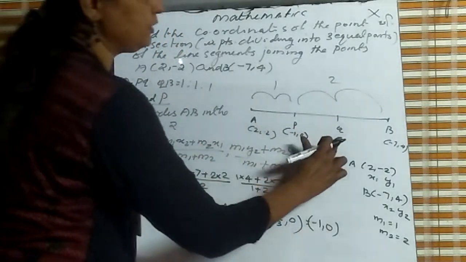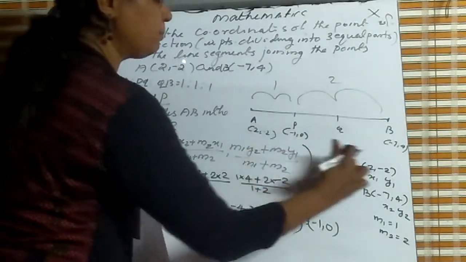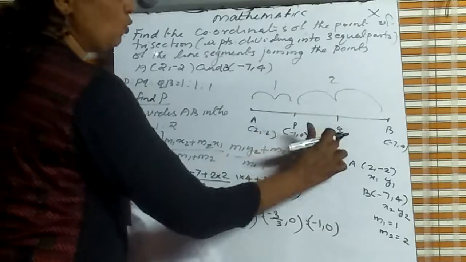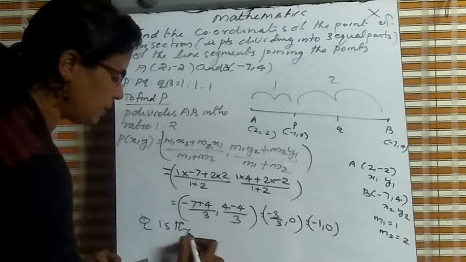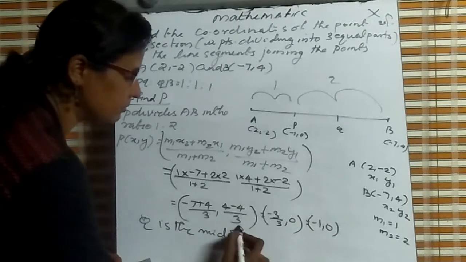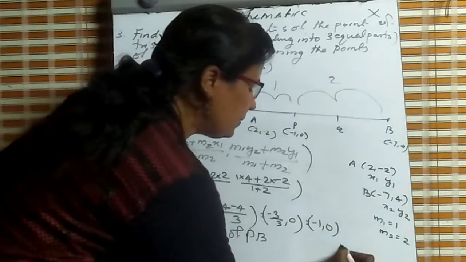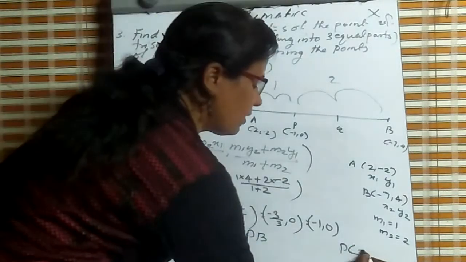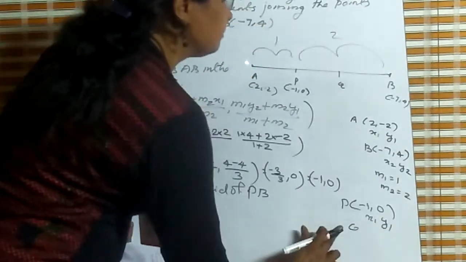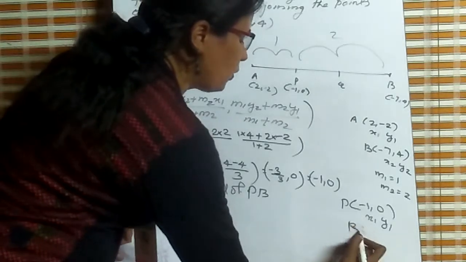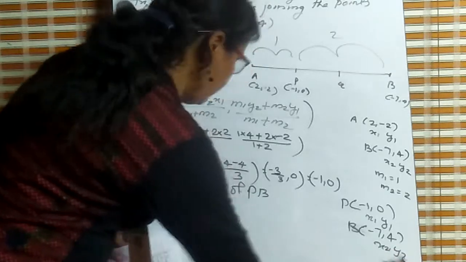Now we have to find Q. Here, Q is the midpoint of PB. P is the point (-1, 0), this is (x1, y1), and B is the point (-7, 4), this is (x2, y2).